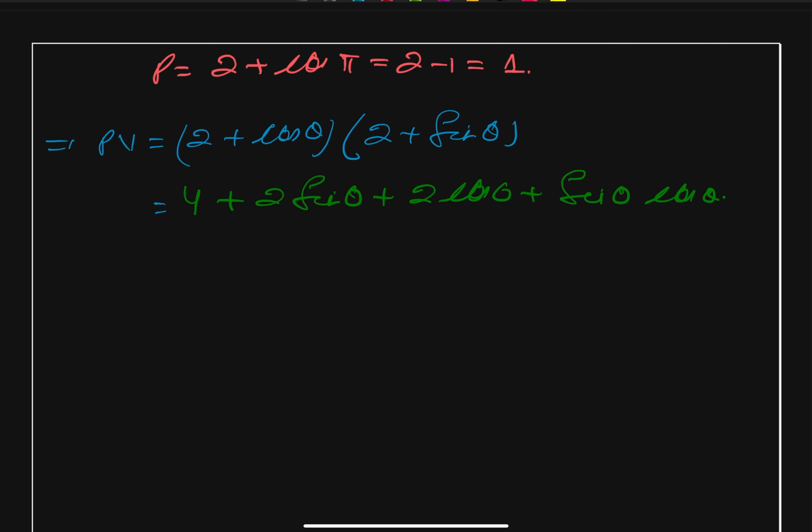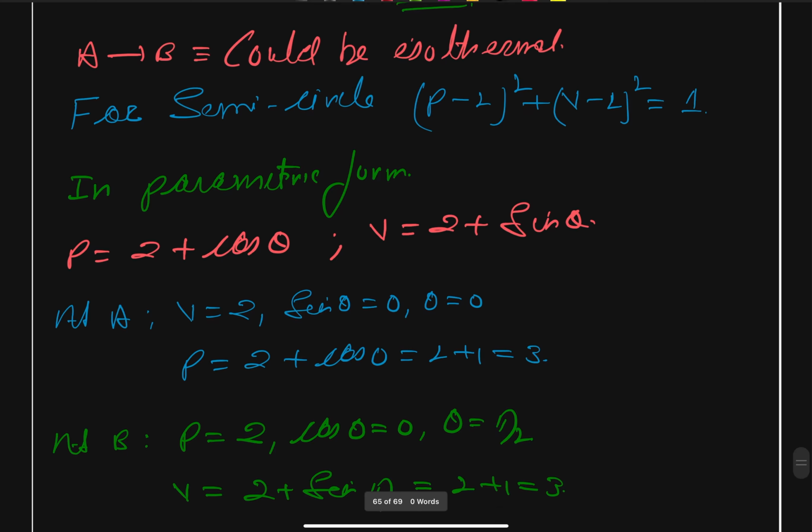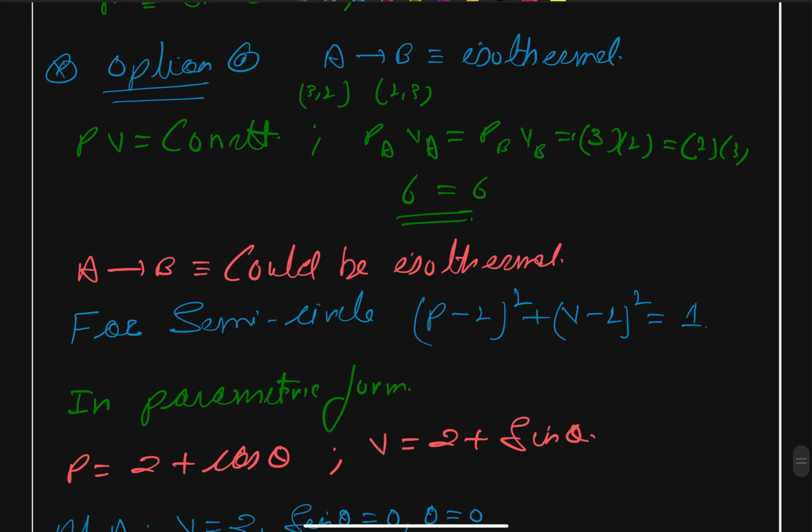In this case, we know that at least at 2 points which we just calculated, at theta equal to 0 and theta equal to pi by 2, the relation holds. But for intermediate values we are not very sure whether this relation is going to hold or not.